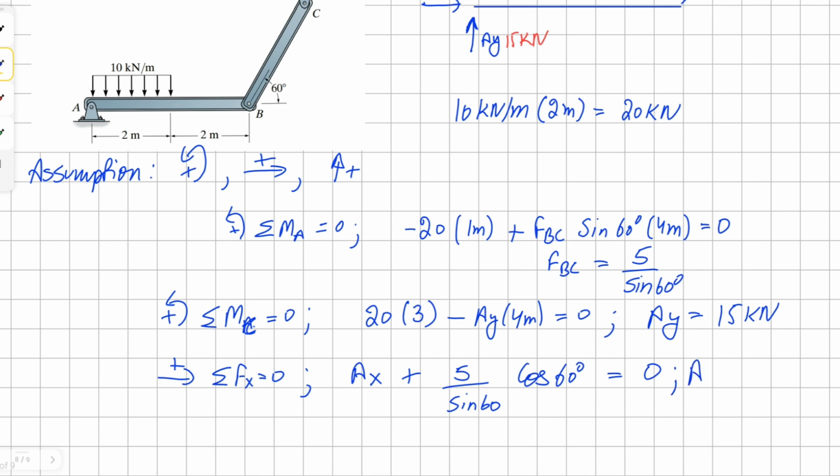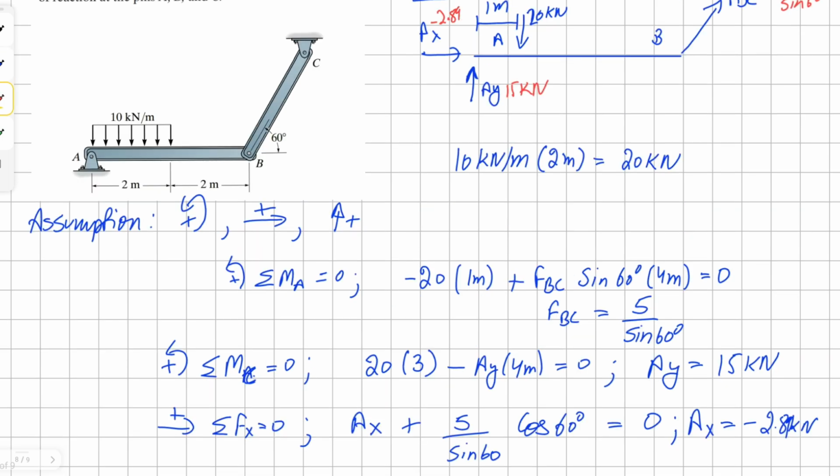Solving this, we get AX as negative 5 divided by sine 60. We get 2.89 kilonewton, or we can say that we took the wrong assumption for our vector direction. If we have it in the right to left direction, then it's 2.89 kilonewton.